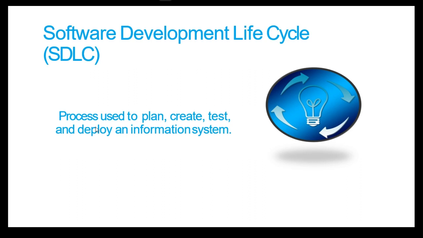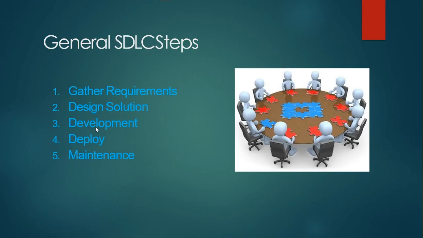This applies to any information system, be it hardware, software, or anything else around us. We have a certain set of steps that are followed when we are developing a software. First is gathering requirements. For example, if I want to make a cycle, I will first gather the requirements.